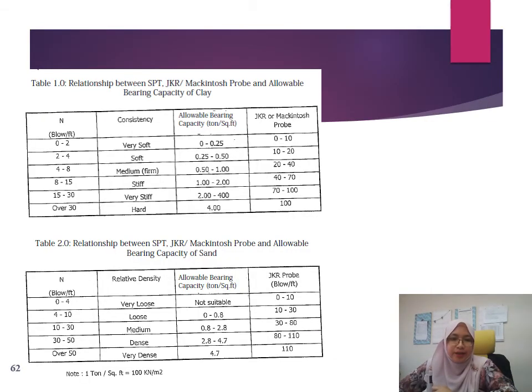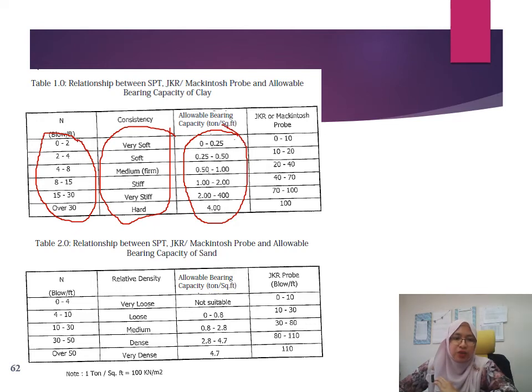And this is the table of the correlation of SPT and probe test to the bearing capacity of soil. This is the number of blows recorded for every 300 mm, so you can correlate the number of blows with the type of soil and also the bearing capacity of the soil.